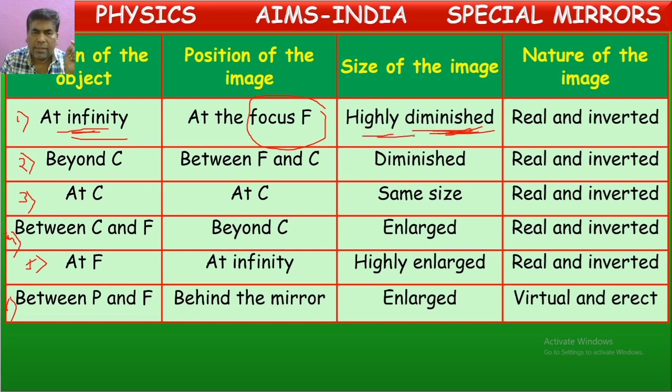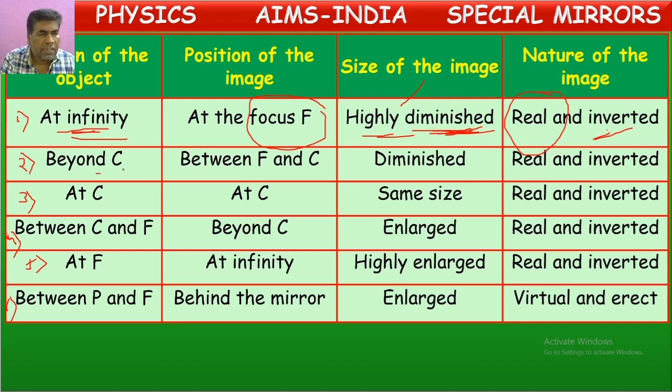So, like a point, the image is formed at the focus. But what is the nature of that image? We can catch it on a screen. That's why it is real. But inverted. It has formed inverted. Inverted means upside down. The upper part will come downside, and the downside part will go upside.